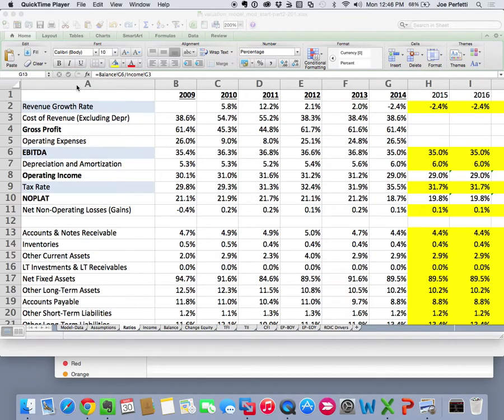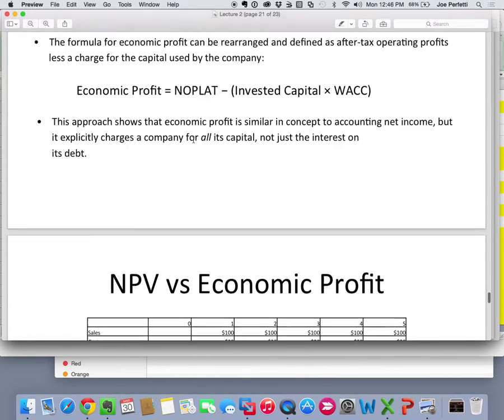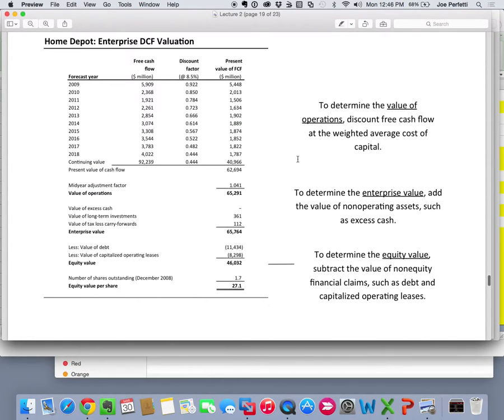So starting out, we're going to follow the methodology that was talked about in lecture note 2 a long time ago. In lecture note 2, I had mentioned that this was an important page because this represents McKinsey's process for doing enterprise DCF valuation, which we're going to replicate here in our model.